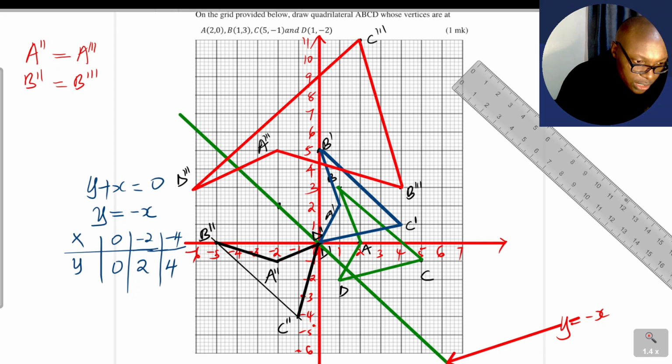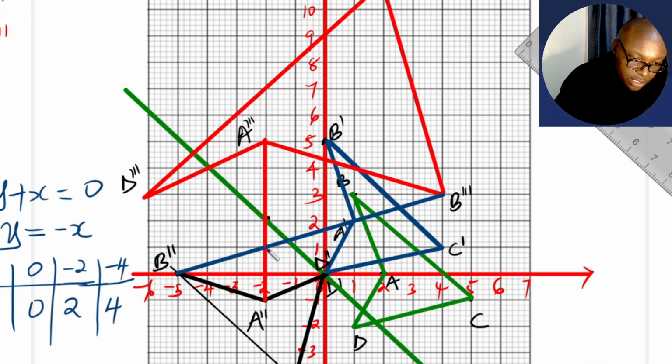So let me start by joining A2 to A3. You can see I've joined that. Then B2 to B3 as well, using a straight line. Where are the two lines meeting?